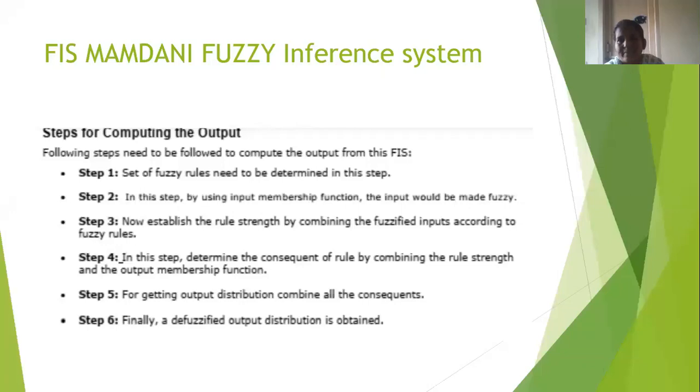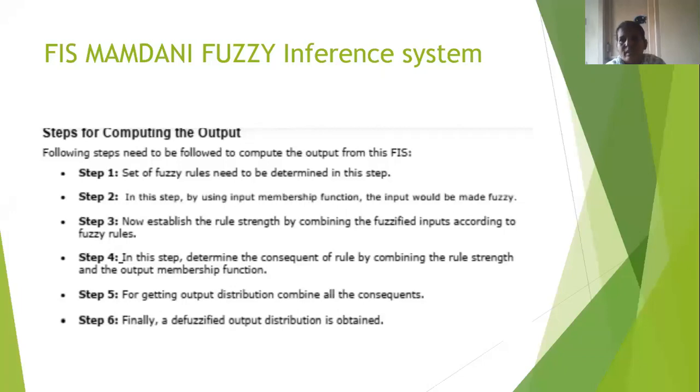In the second step, by using input membership function, the input would be made fuzzy. Third step, establishing the rule strength by combining fuzzified inputs according to fuzzy rules.